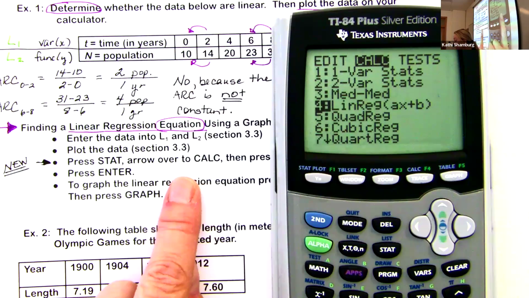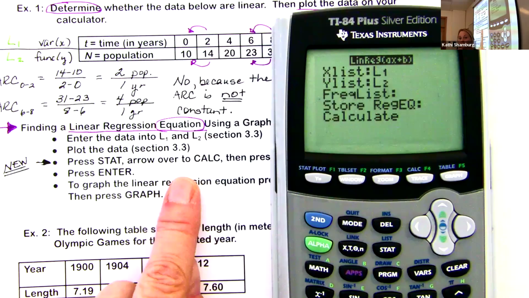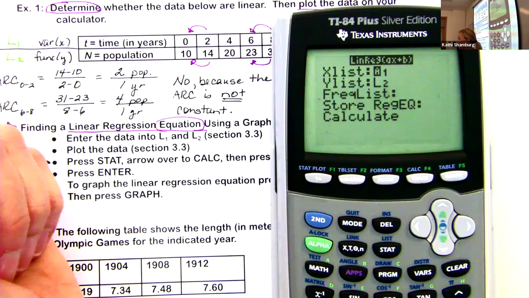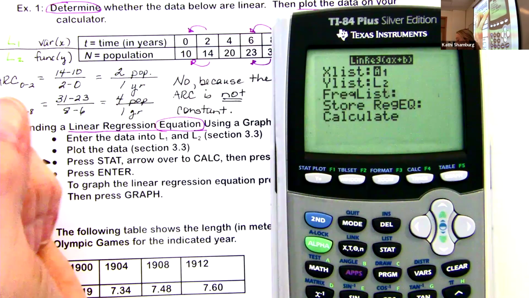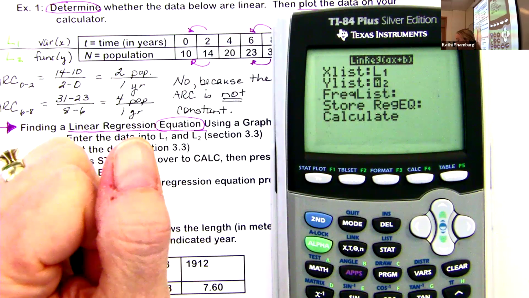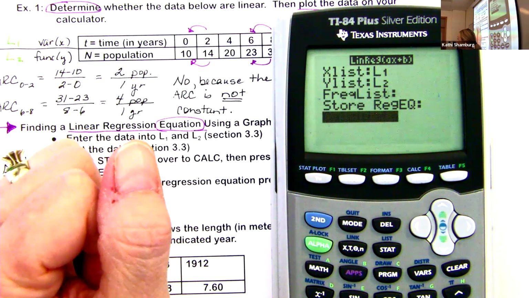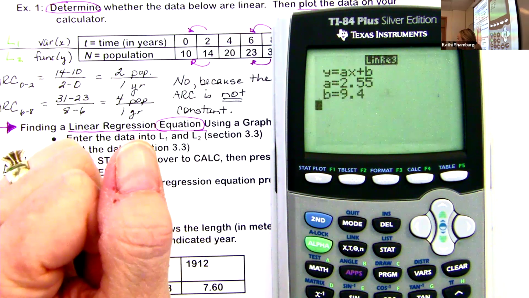So for your calculator, your slope is A, not M. B is still your initial value. So we're going to put 4 in. And then it should have list 1 and list 2. If it has a different list in there, we need to change it. But all you have to do is push enter, enter, enter, get down to calculate, and then hit enter.